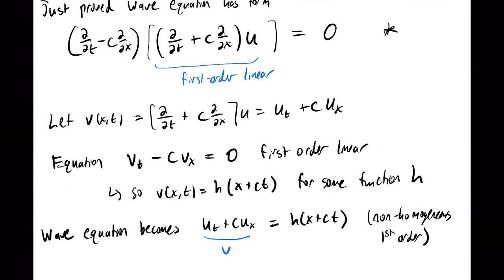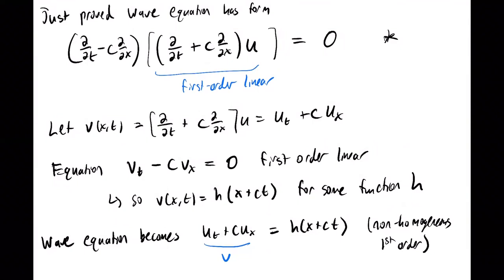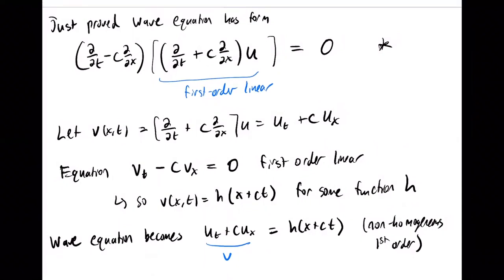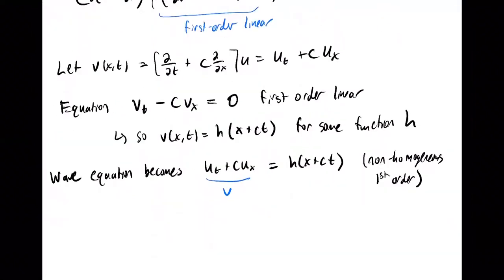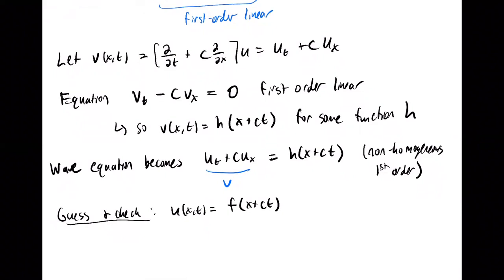It turns out that in this case we're just going to get lucky, because if you inspect this, you can just guess the solution. So you can guess and check: if I let u of x,t equal some function f of x plus ct, what condition do I need on f in order to solve this equation? Let's look.